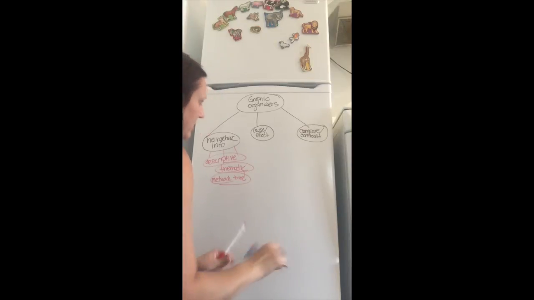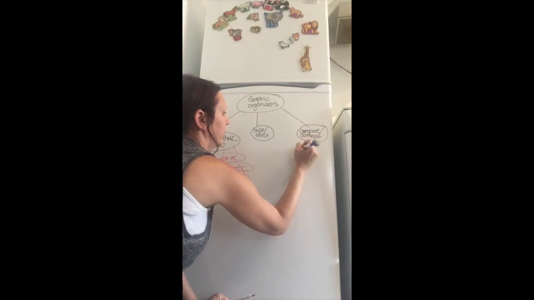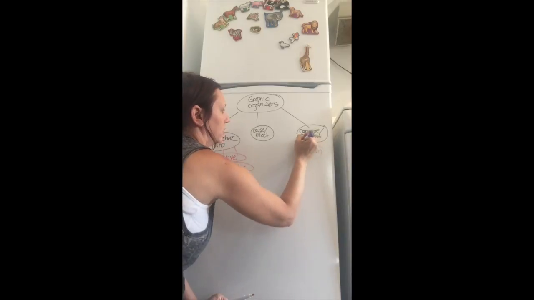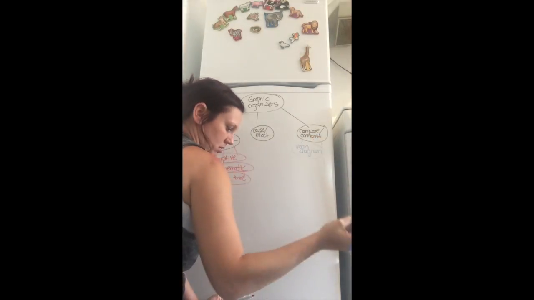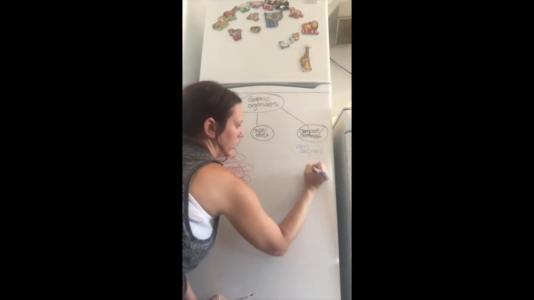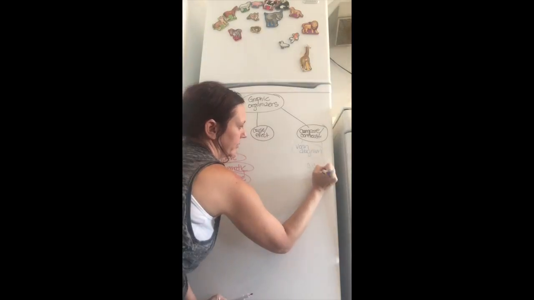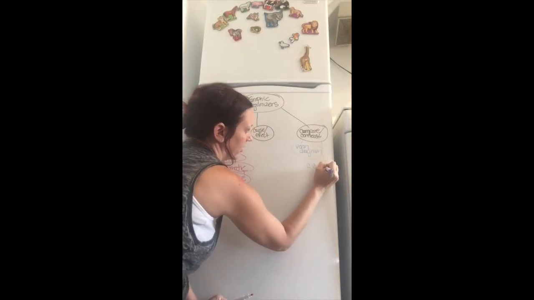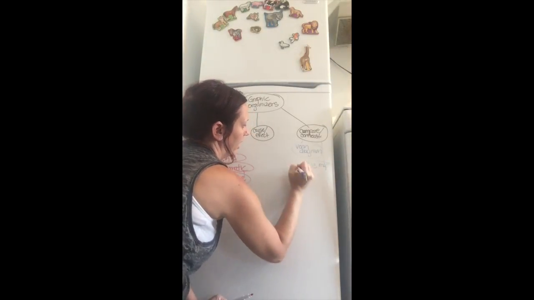Compare and contrast is the Venn diagram, the compare contrast map, and the compare contrast matrix.